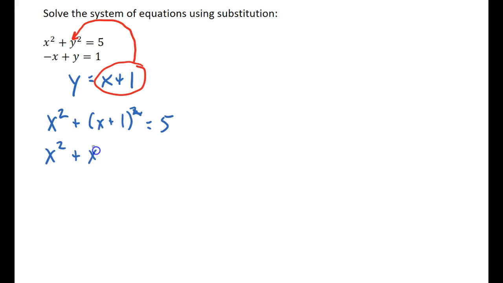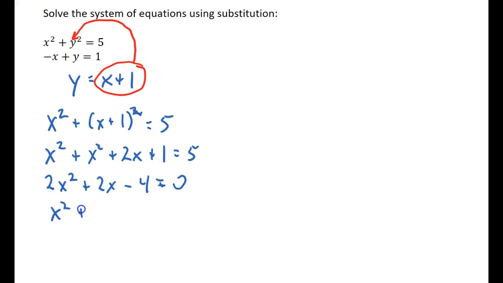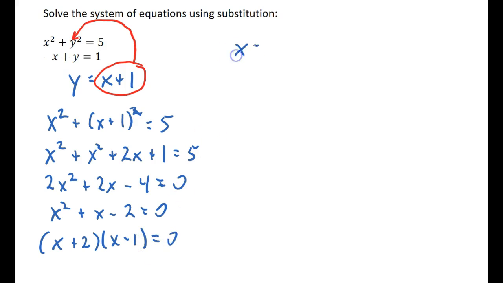X plus 1 squared is x squared plus 2x plus 1. And combining similar terms and getting everything over on the same side, I can divide everything by 2. And I get that. And fortunately that factors. That'll be x plus 2, x minus 1. So I have that x equals negative 2 and x equals positive 1.